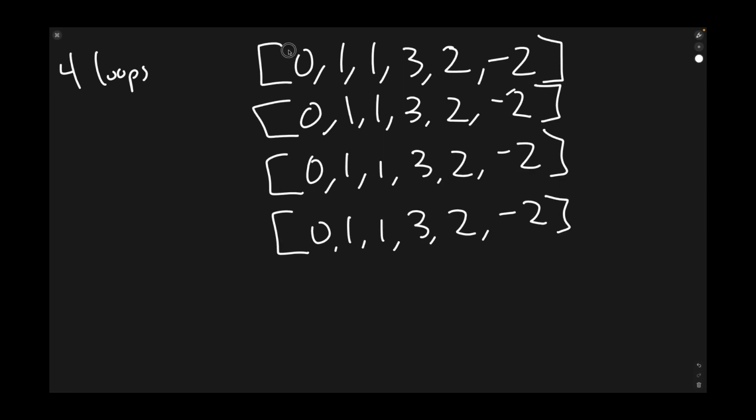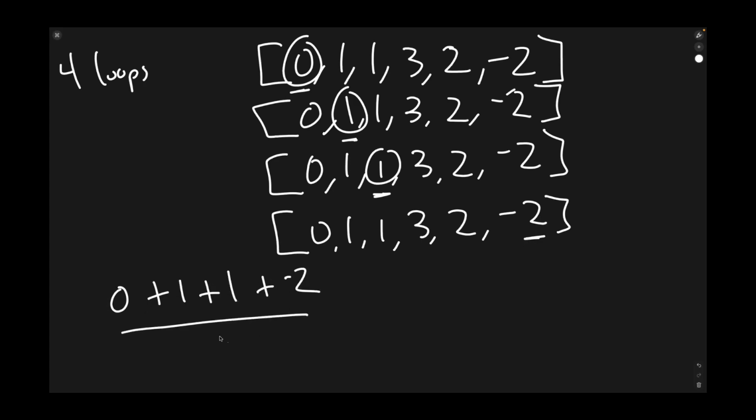Now we're going to be finding 4 of these numbers within this array that have a net of 0. So in this case, 0 index, 1 index, 2 index, and 5 index produce a net of 0. So 0 plus 1 plus 1 plus -2 is 0, therefore return true.